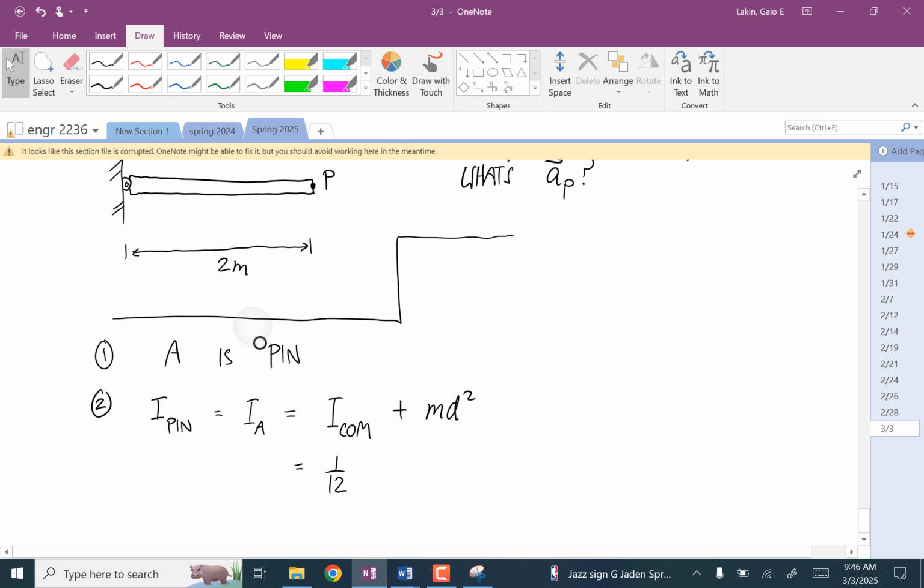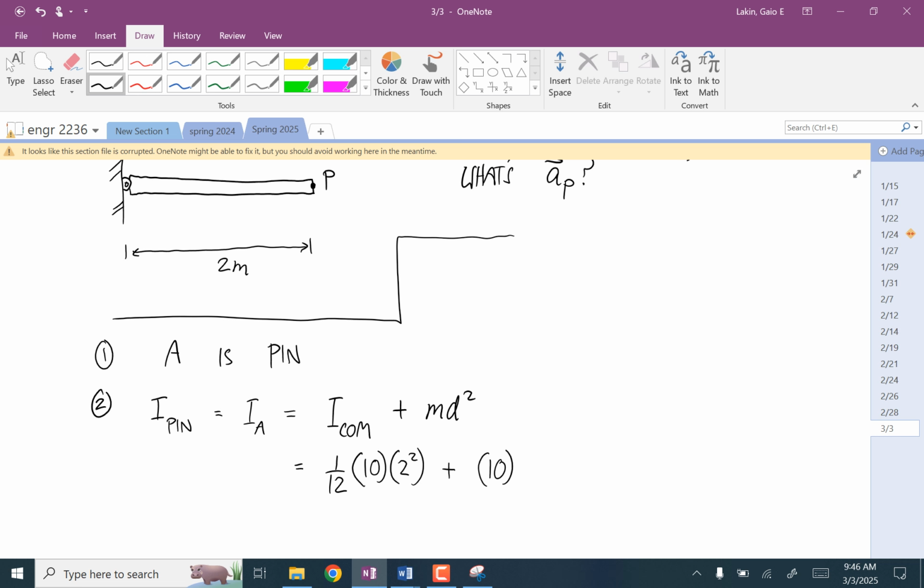So we have 1/12 times 10 times the length squared. And then plus 10 times, now this distance is the distance from the center of mass to the about point.